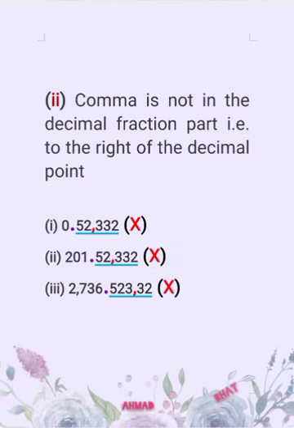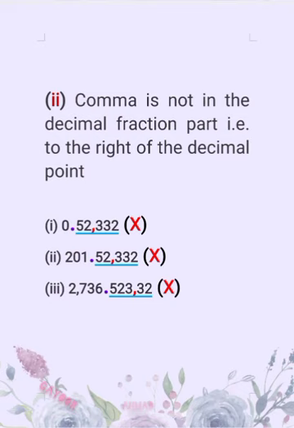Number 2, comma is not used in the decimal fraction, that is to the right of the decimal point. For example, 0.52332. The whole number part is 0 and the decimal fraction part is 52332.